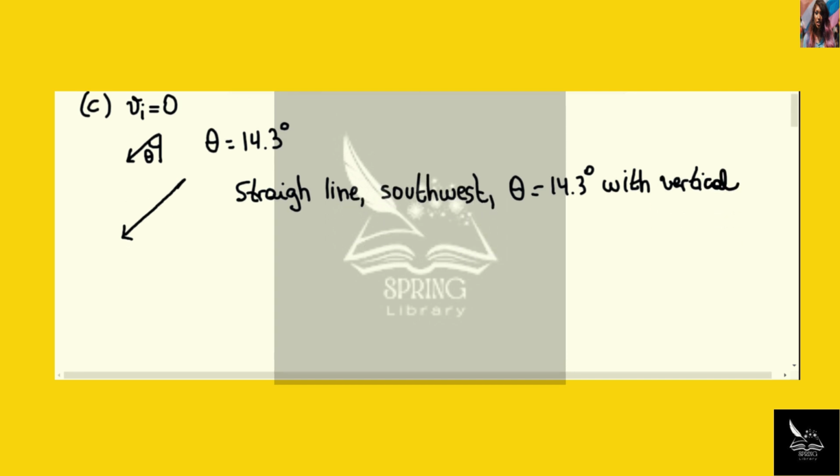And in question D, we have to describe the movement of the bolt relative to the Earth. Notice that initially the bolt has a speed that is equal to the speed of the train when the bolt was released. So let's say it has a speed pointing in this direction.